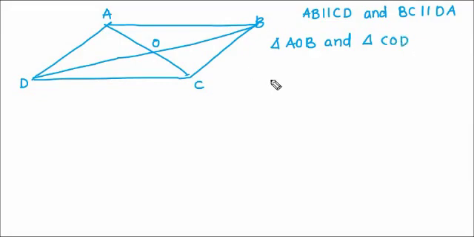In these triangles, we know that CD is equal to AB. We have just proved that opposite sides of a parallelogram are equal.